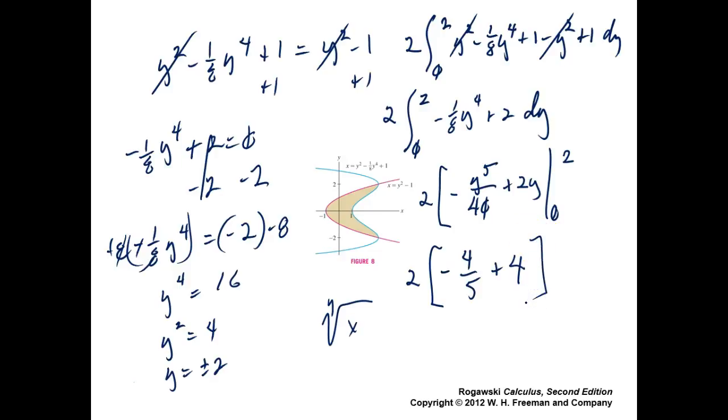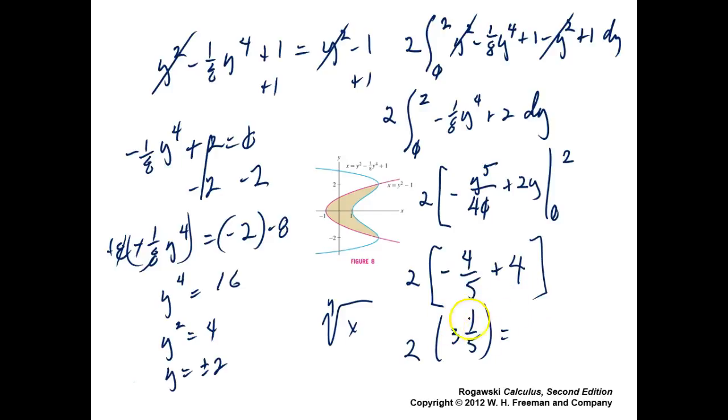I'll do the 0 part. Done. Okay. So what does this give us? 2 times, isn't that 3 1/5? Did the calculator slow you down?